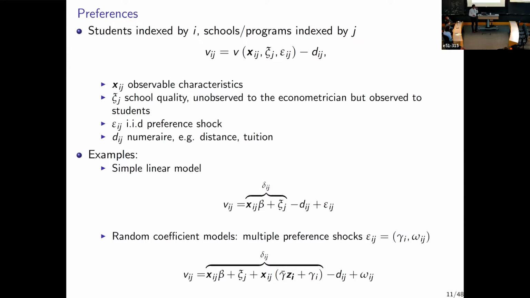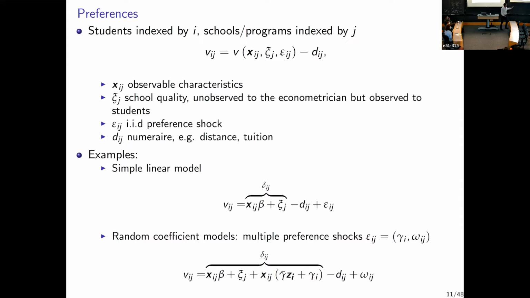Okay, so this is a way to say, well, there is some type of individual heterogeneity that is not fully captured by the IID shock epsilon_ij. Another way to say this is that we are basically allowing for some correlation between the idiosyncratic shocks between different schools, right?